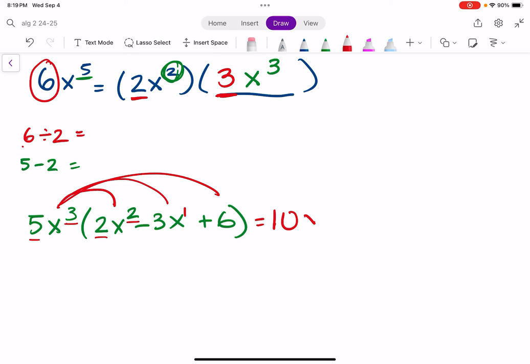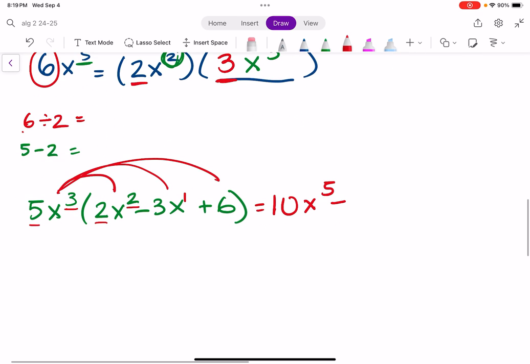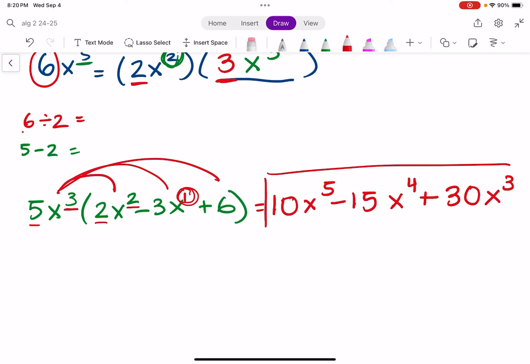We add them, so 3 plus 2 is 5. 5 times negative 3 is negative 15. And then we add the x's. So 3 plus 1, don't forget this is a 1. So x to the fourth plus 5 times 6 is 30. And we don't have any x's to combine, so it just stays as x to the third. So this would be your final answer.